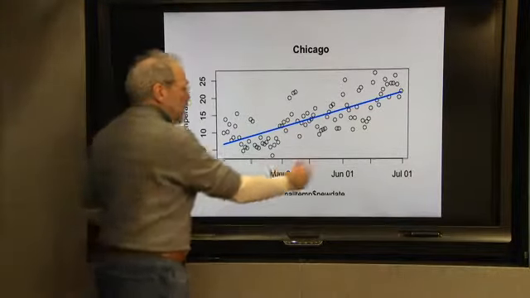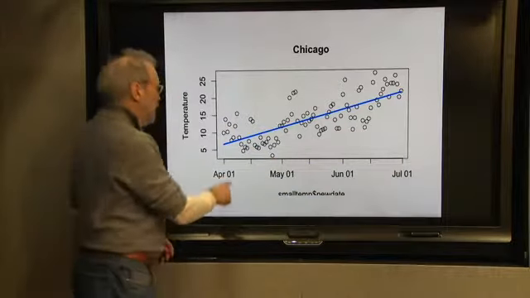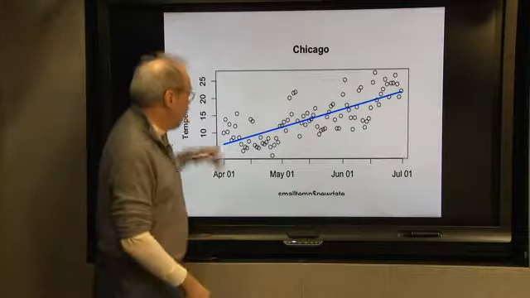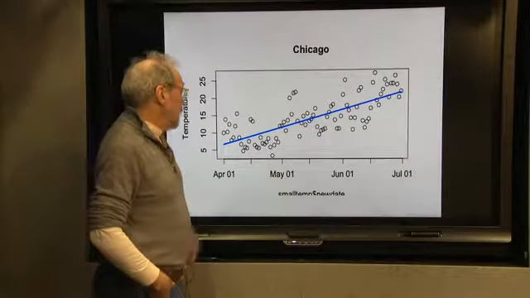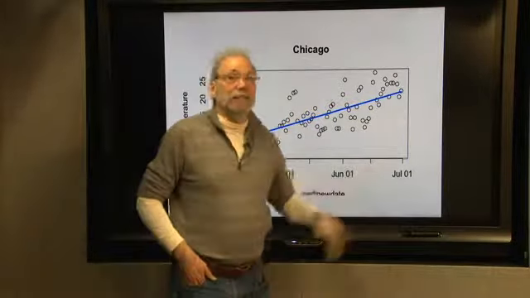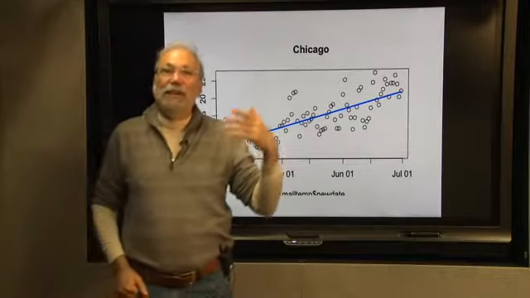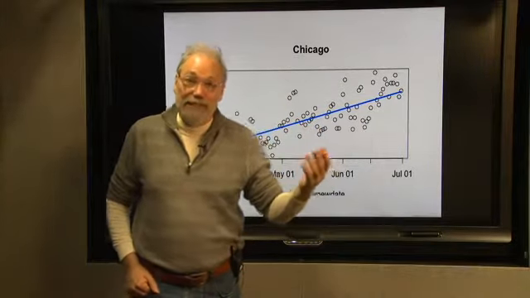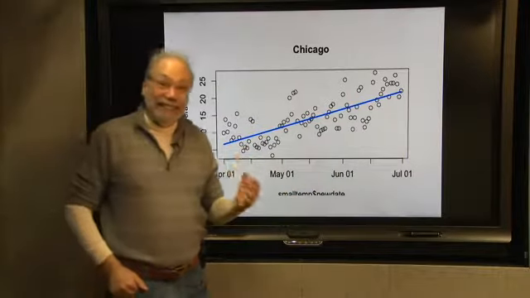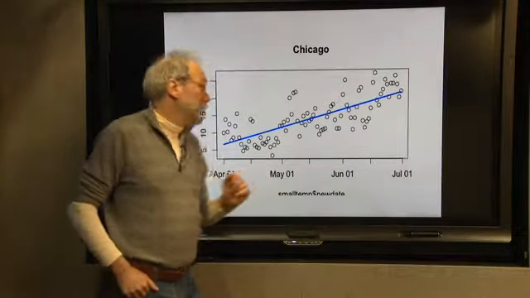So here it is, April, May, June in Chicago in 2001, and this scatter plot is the temperature, which seems to be going up, and we like that. We prefer the temperatures start going up in the spring. People in Boston this year are really looking forward to that.